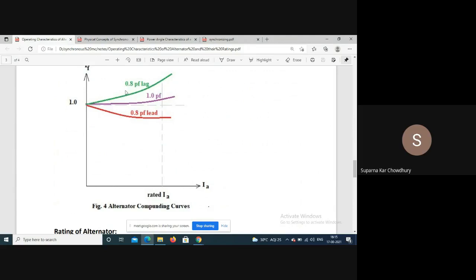With current, excitation should increase with armature current. If it is a unity power factor load, there also excitation should increase, but the increase is less for unity power factor. Lower the power factor, more is the excitation needed.